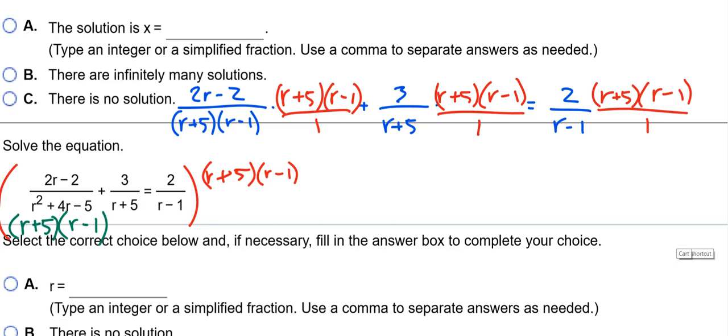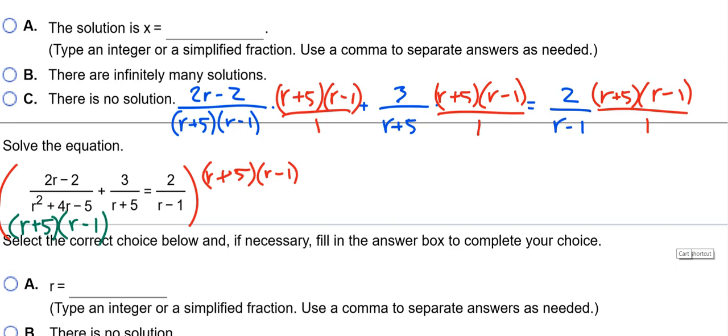Those cancel. See how those cancel? That leaves me with 3 and this thing.